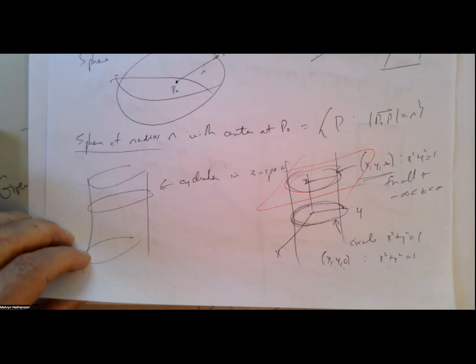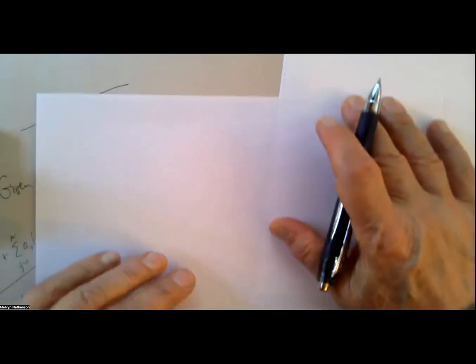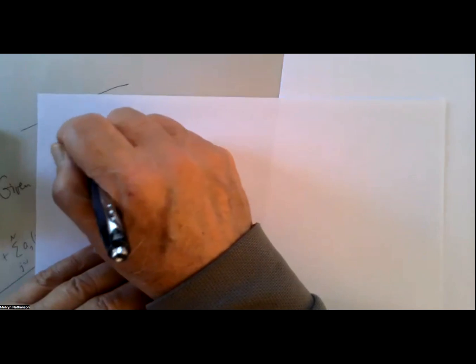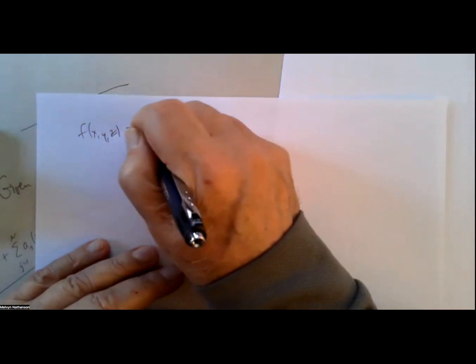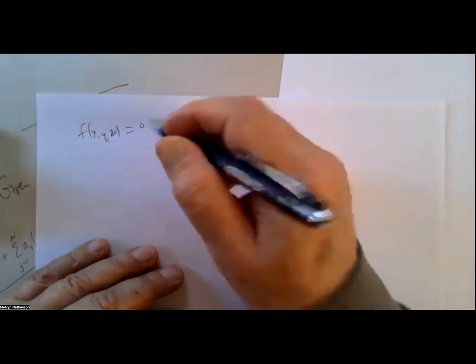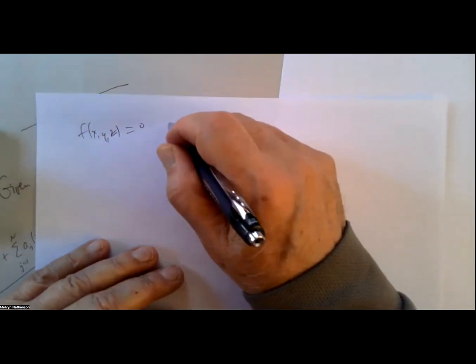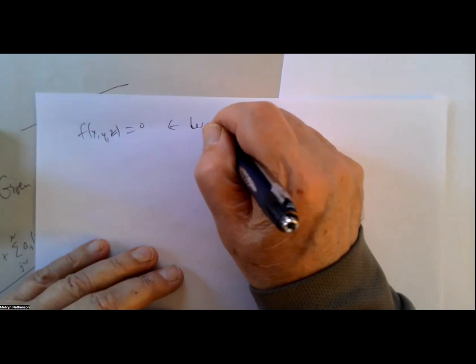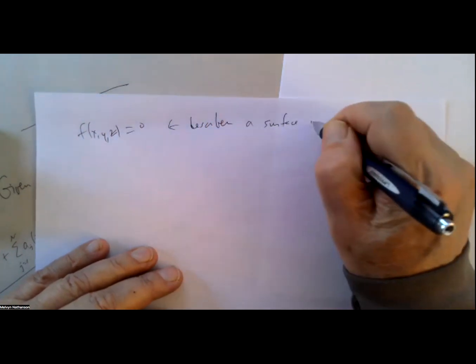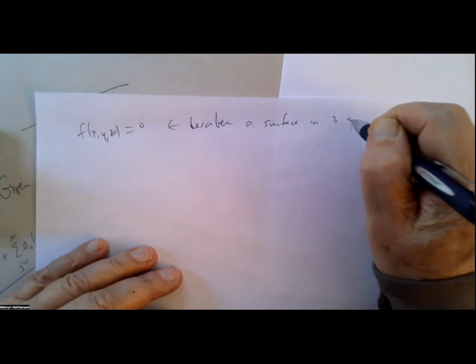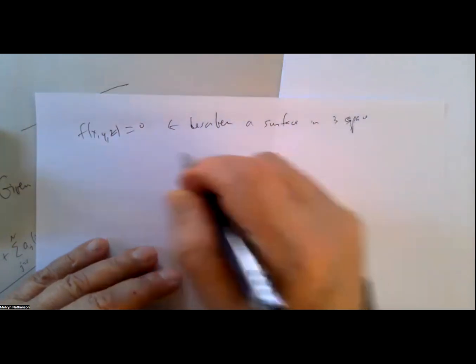Now, in general, if you have any equation f(x, y, z) = 0, the set of all points that satisfy this equation describes a surface in 3-space.